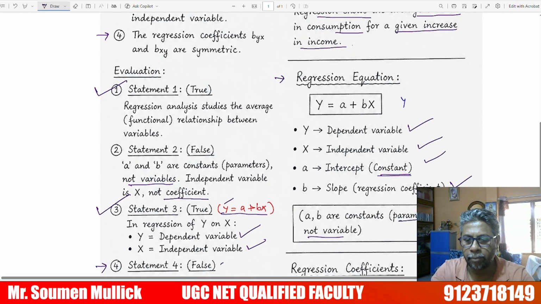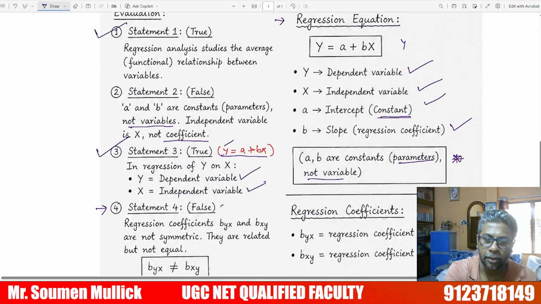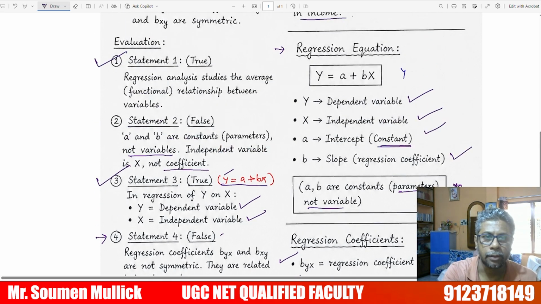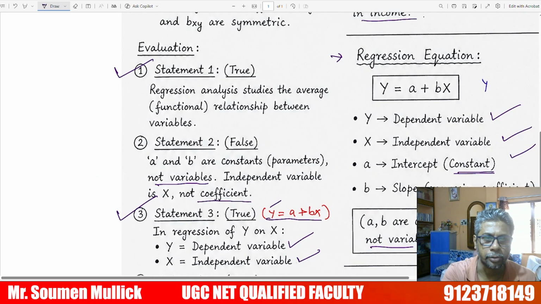This point is very important, my dear students, try to remember. Byx is the regression coefficient of y on x, and bxy is the regression coefficient of x on y. So these are the important areas of our regression analysis.